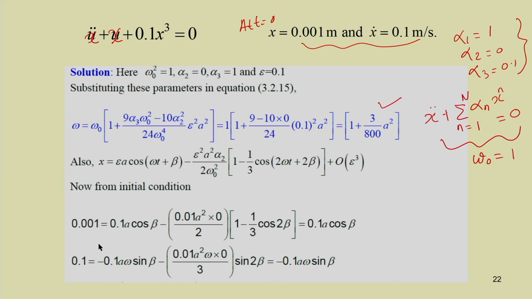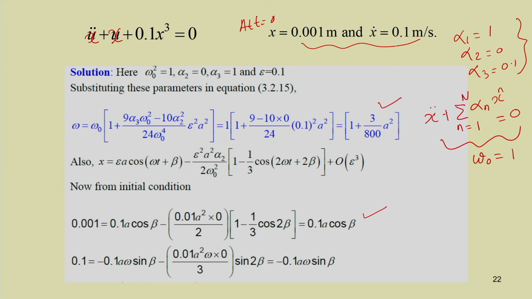Now you substitute this equation. By putting the initial condition at t equal to 0, x equal to 0.001, this expression can be written as 0.001 equal to 0.1 a cos beta.